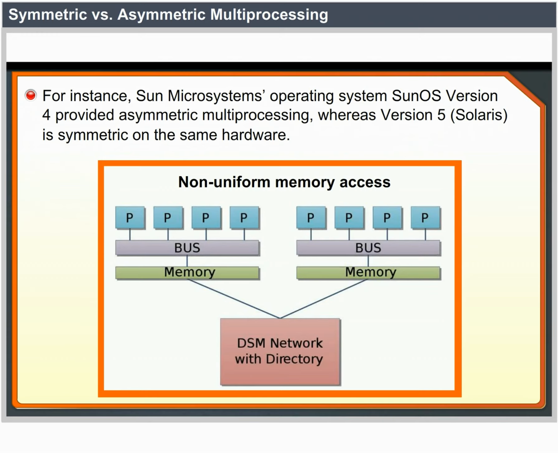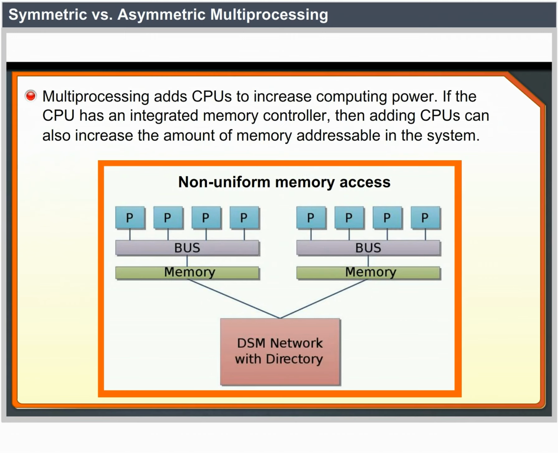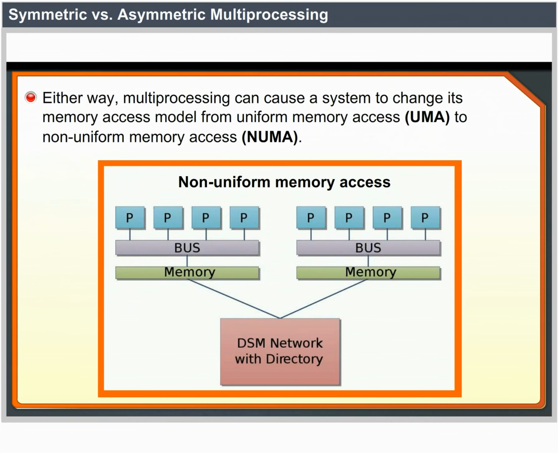If the CPU has an integrated memory controller, then adding CPUs can also increase the amount of memory addressable in the system. Either way, multiprocessing can cause a system to change its memory access model from Uniform Memory Access (UMA) to Non-Uniform Memory Access (NUMA).